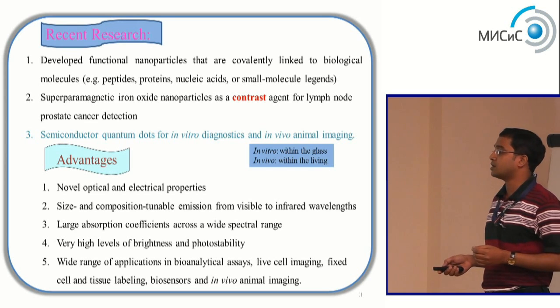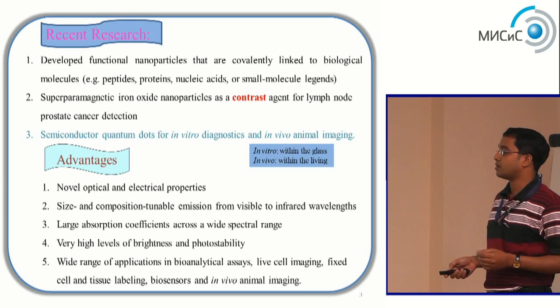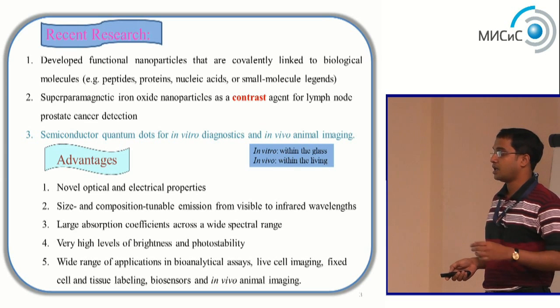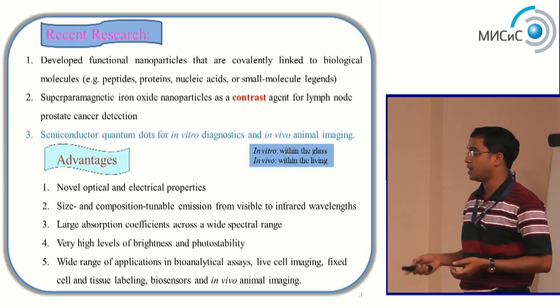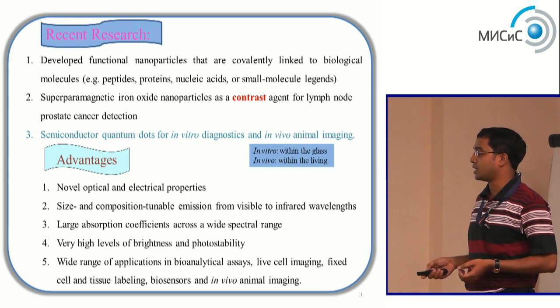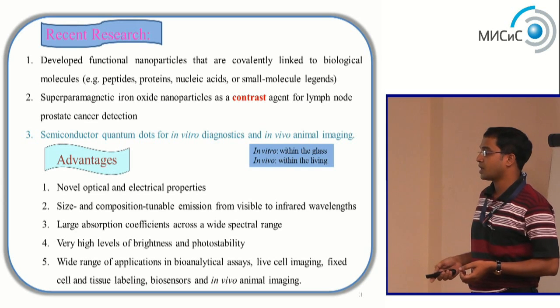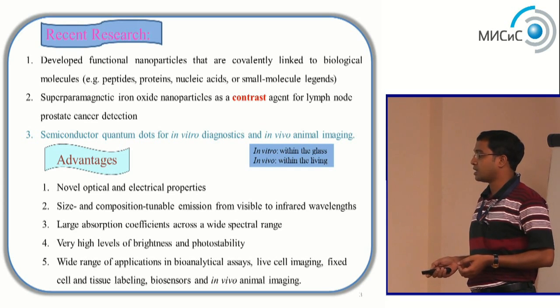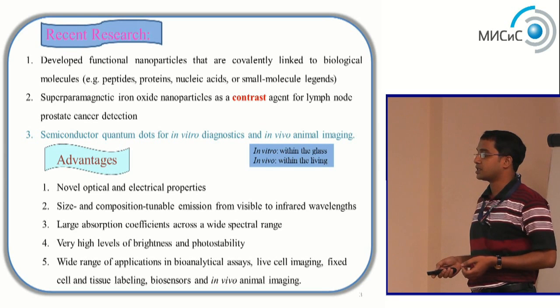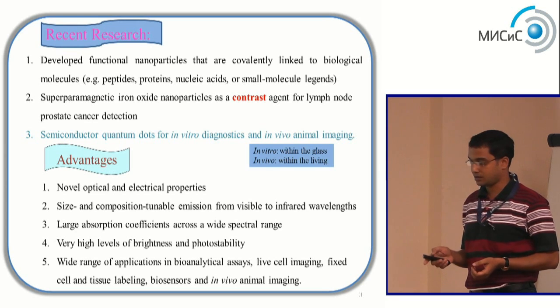They also have a large absorption coefficient across a wide spectral range, and a very high level of brightness. This is the main factor, because sometimes a material covers a whole range but has low brightness. Quantum dots show high brightness and photostability, and have a wide range of applications for bioanalytical assays, living cell imaging, fixed cell and tissue labeling, and biosensors.